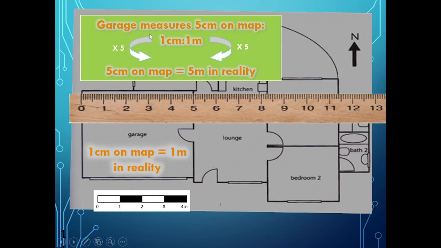Therefore, you multiply by 5. The example we did in lesson 1 was dividing. But now 5 centimeters on the map is equal to 5 meters in reality. That is how you work this out.